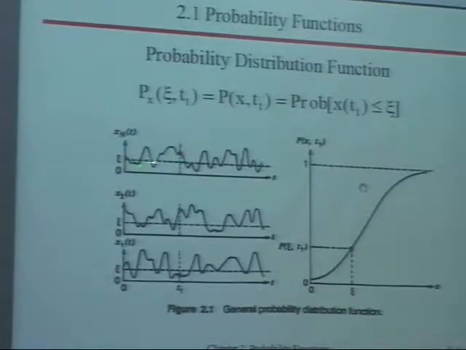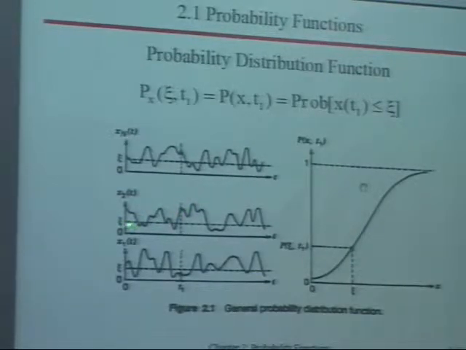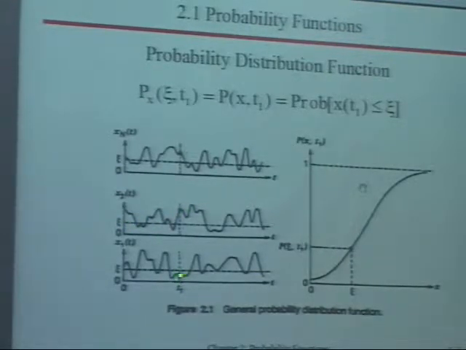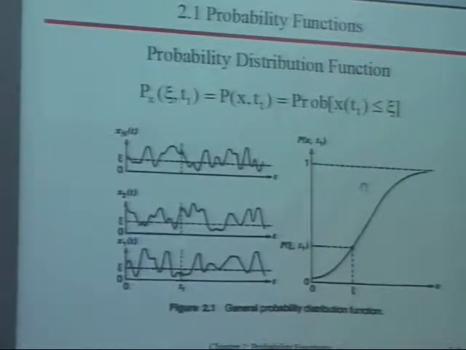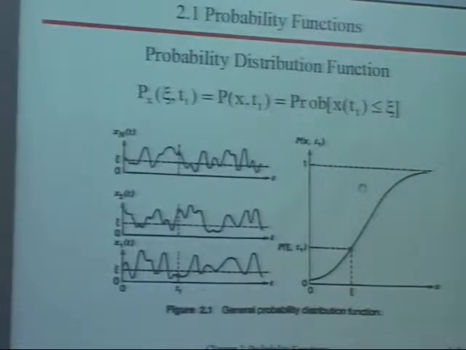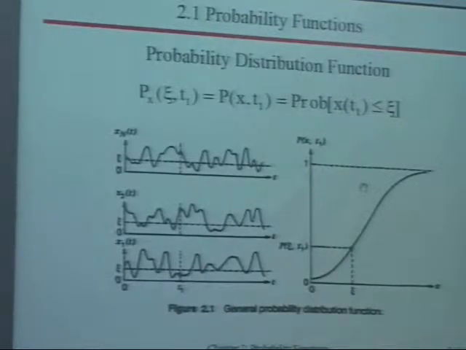And the x value is higher than chi over here, higher than chi, and here is less than chi. So what's the probability that event A occurs? A is the event x at time t1 is less than chi.